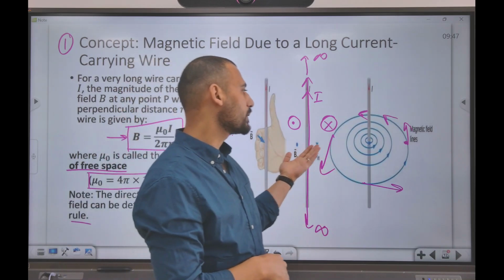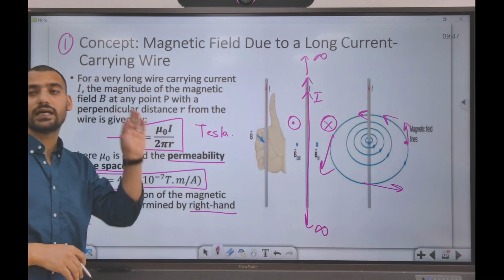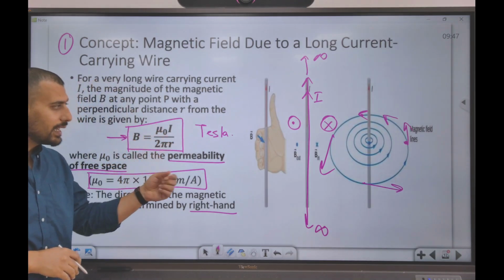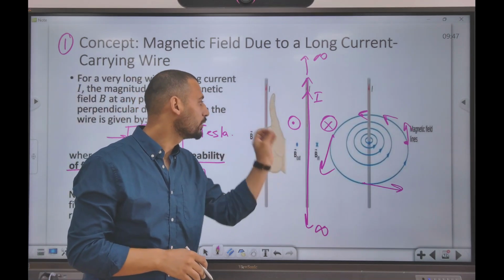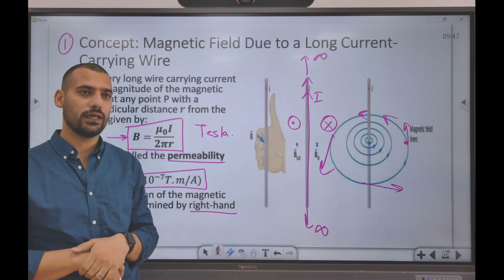So this is the expression, and this is the concept of the magnetic field due to an infinitely long current carrying wire. This is the expression, and the direction is always found with the help of the right hand rule. Is that fine?